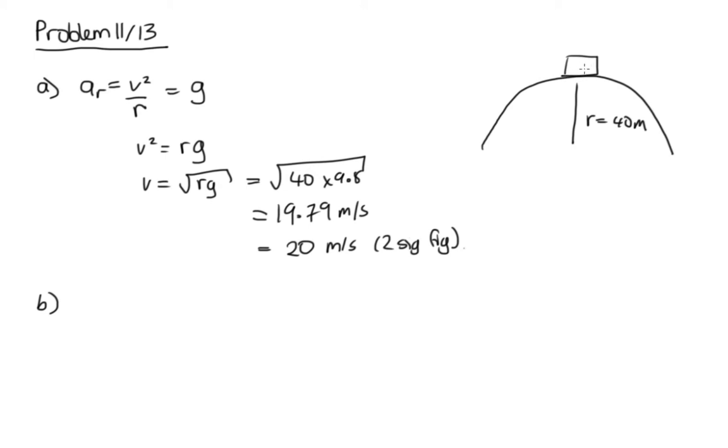Up the top of the hill here, the net force is this centripetal force, the mv squared on r force. So the net force is downwards and it has magnitude equal to mv squared on r, but because v squared on r is equal to g, this is equal to mg. And so this is the net force, and that net force must just be the weight force.